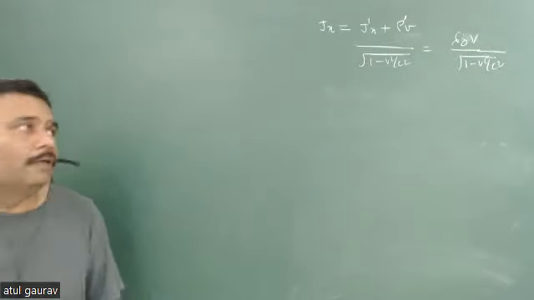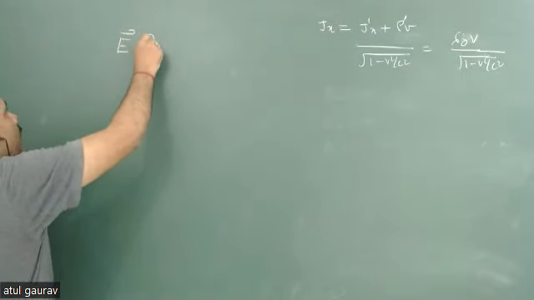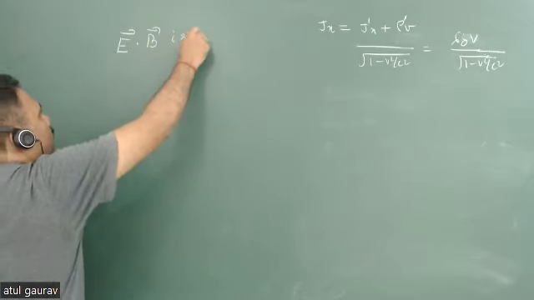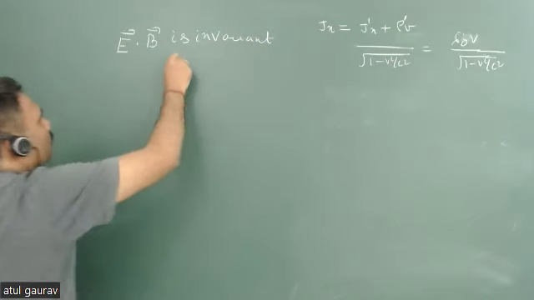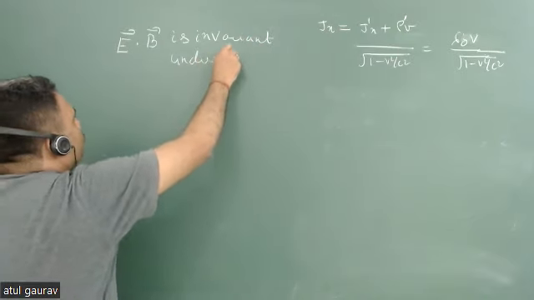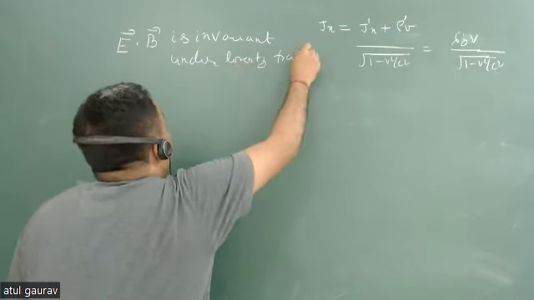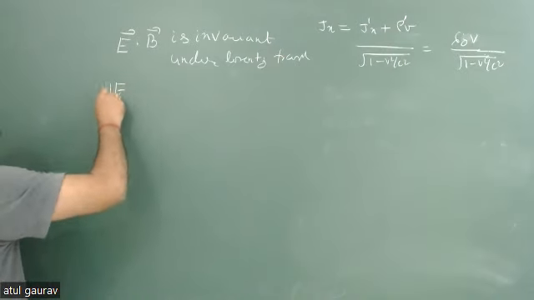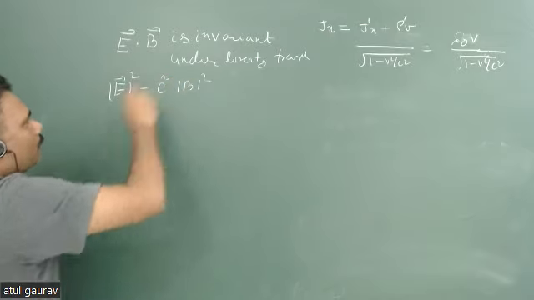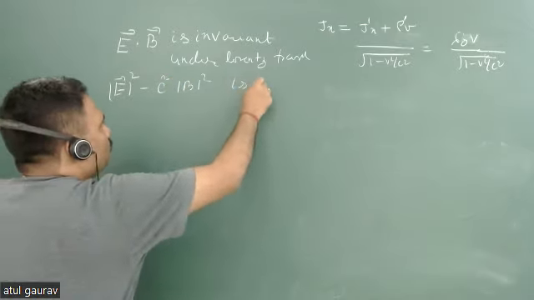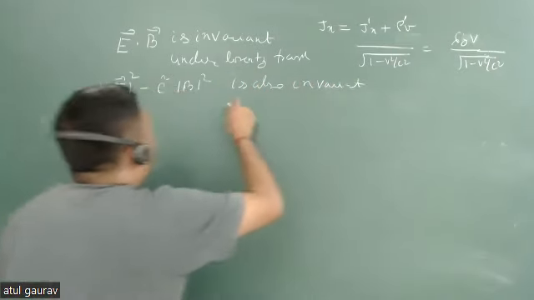And that invariance law is basically that E dot B is invariant under Lorentz transformation, as well as mod E square minus c square mod B square is also invariant under Lorentz transformation.